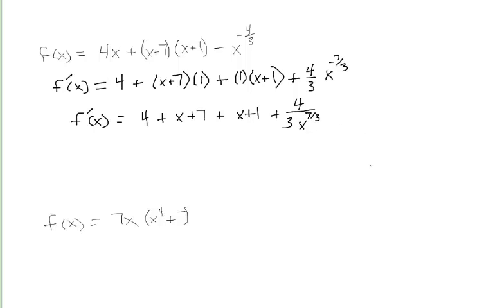And now we can do a little simplification on this one. So we have f prime of x, and let's add up all of our constants. So we have 4 plus 7 is 11, plus 1 is 12. We have 2 x's, so plus 2x, plus 4 over 3x to the 7/3.